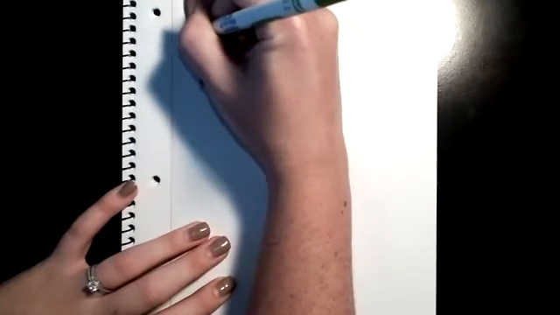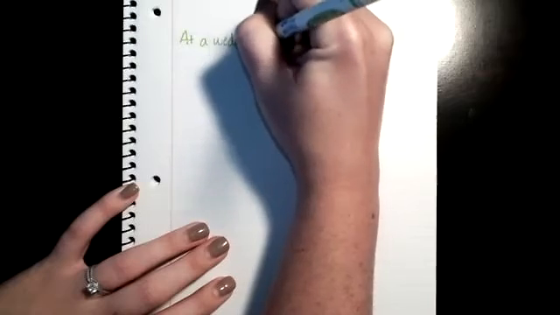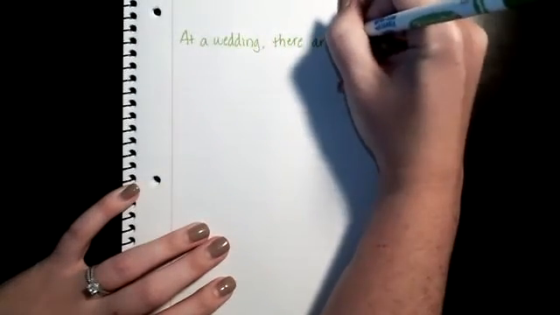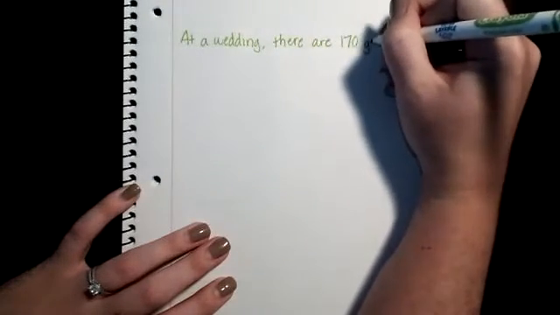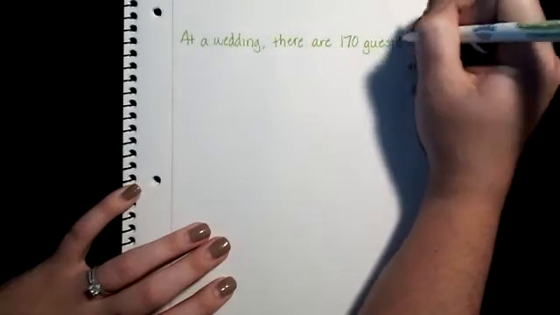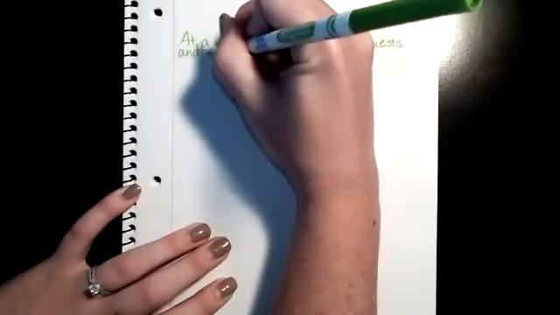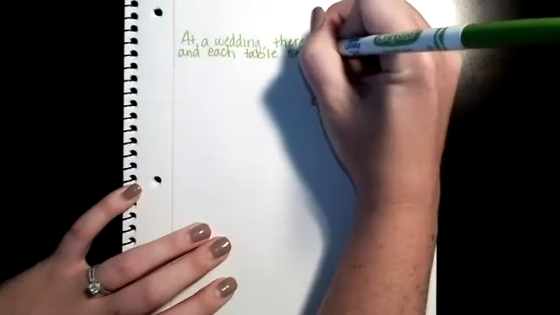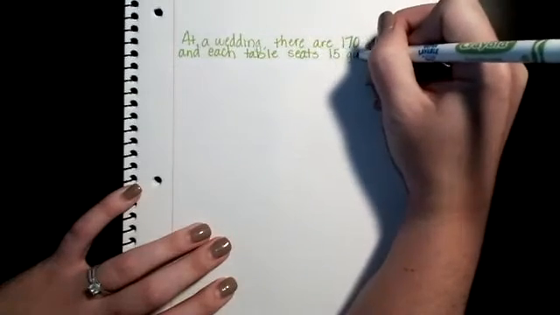We'll say, at a wedding, my wedding, there are, I'm going to use those same numbers from before, 170 guests. There are 170 guests, and each table seats 15 guests.